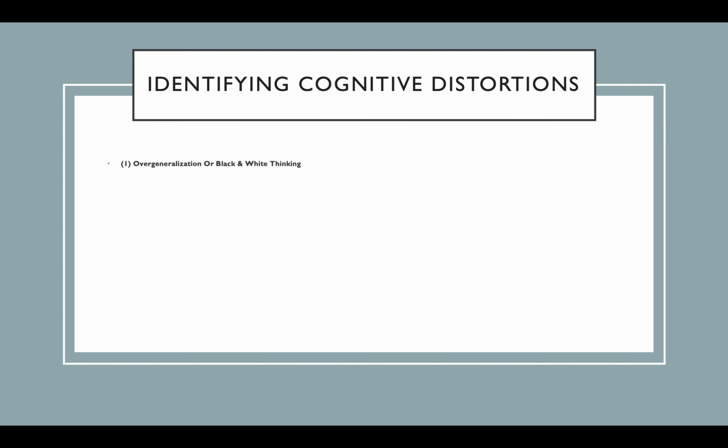So let's talk about some types of cognitive distortions. First one is overgeneralization or black and white thinking. The keywords they use to identify that are never, always, all, every, nobody.